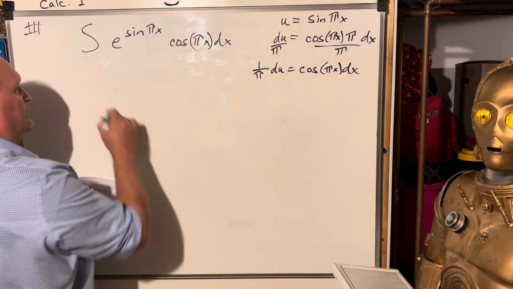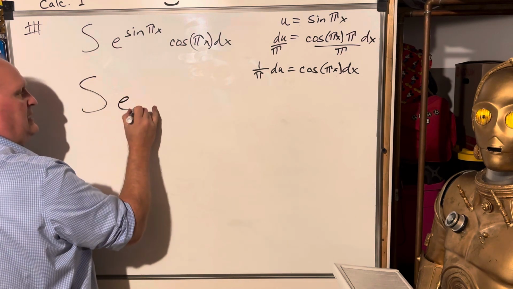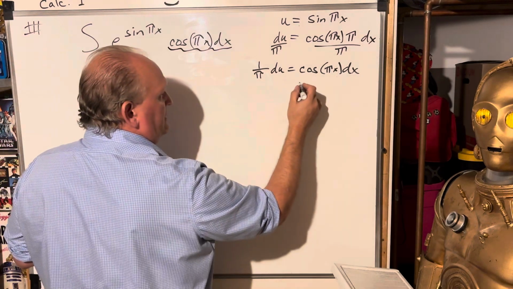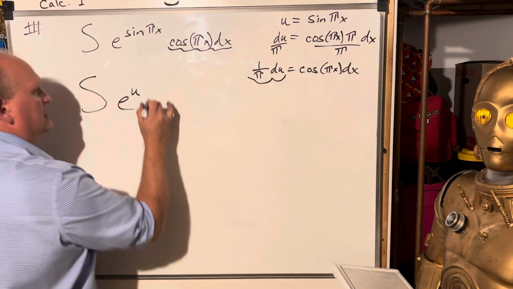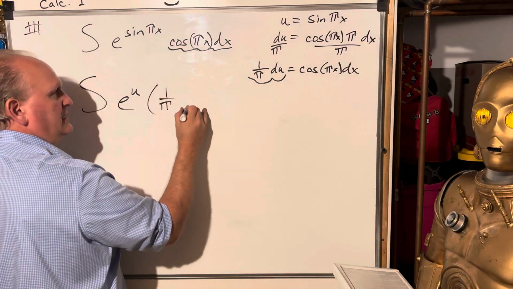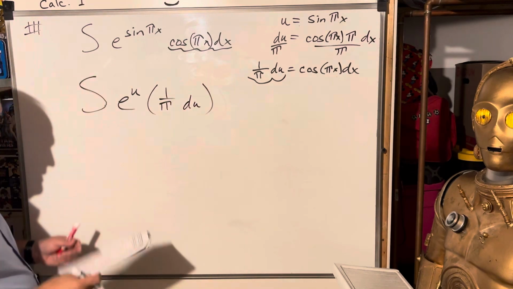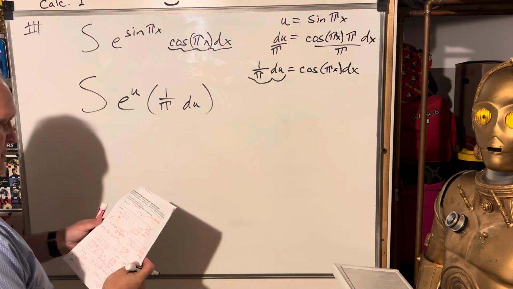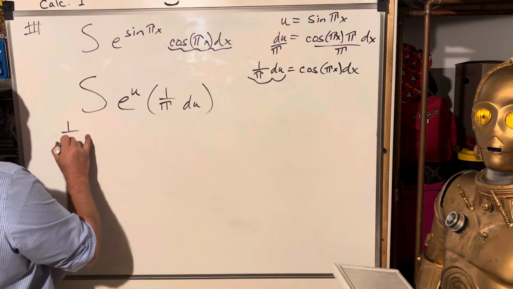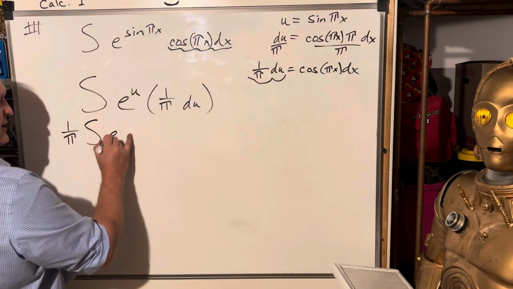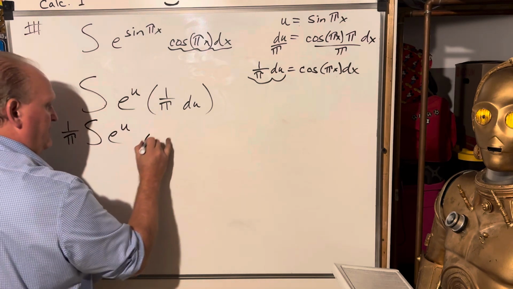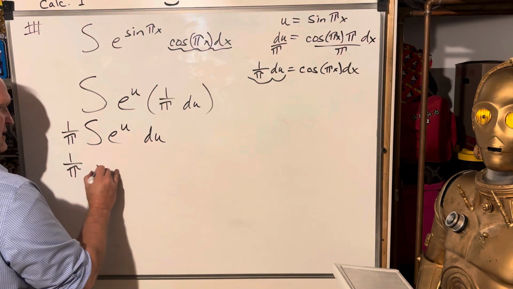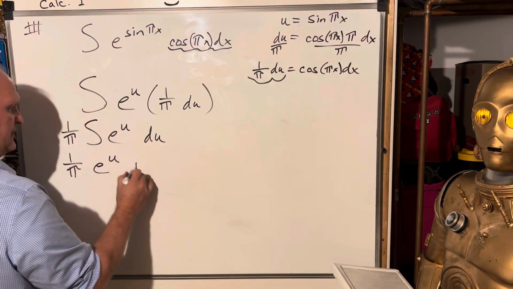And now let's sub in everything. So e to the u, and then all of this is really just that, so 1 over pi du. And now we can pull that constant out front and then do the antiderivative. 1 over pi e to the u plus c.